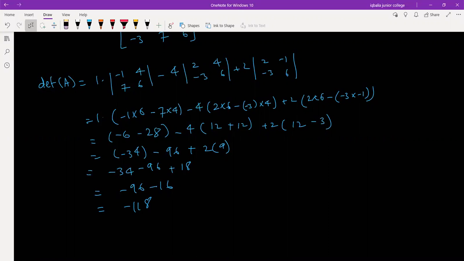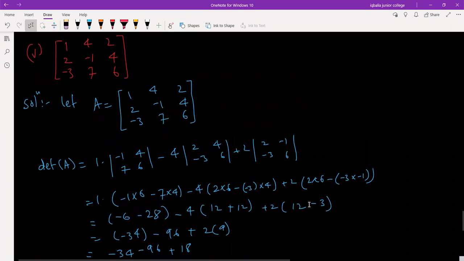Girls, what is the answer? Minus 112. Minus 112 is not a correct answer. So let me check where I did the mistake.